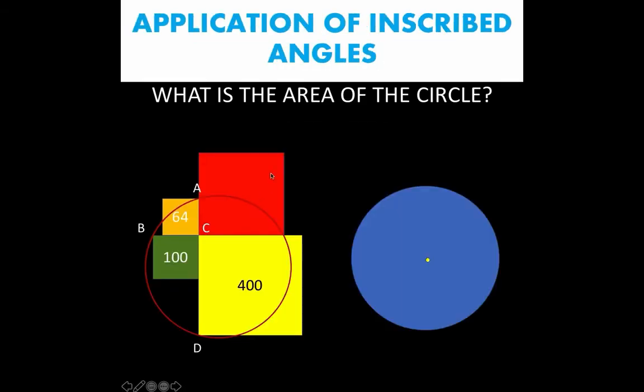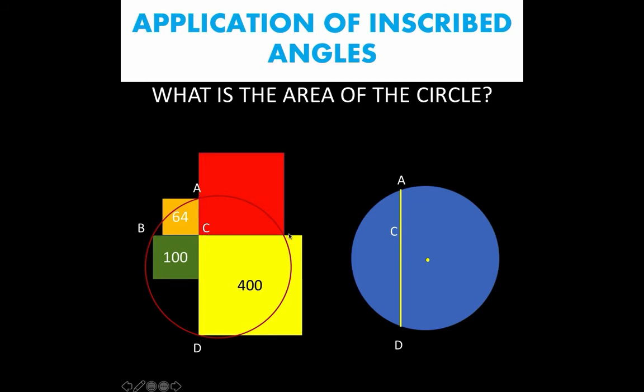One strategy in order to answer a problem like this is to redraw our figure in such a way that we are going to filter out information that are not important. So let's begin by looking at this segment AD, which is a chord of the circle.